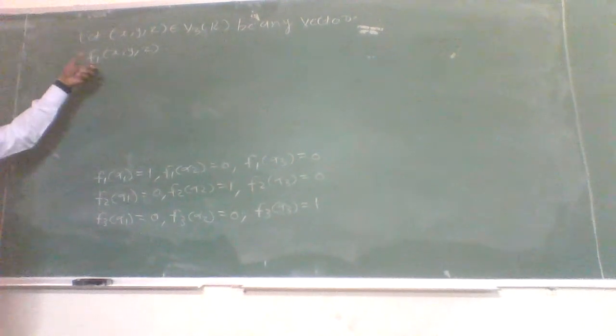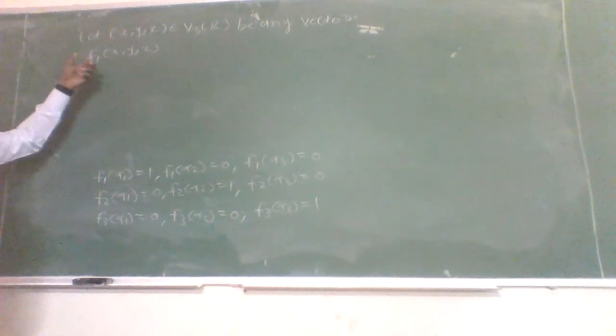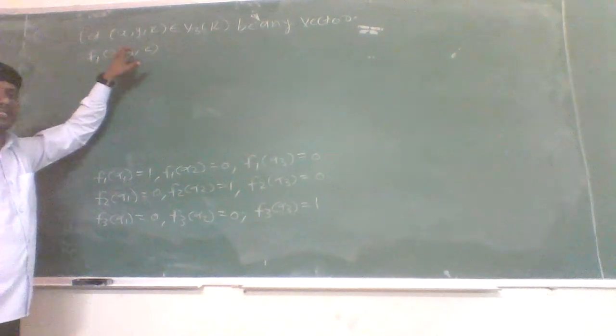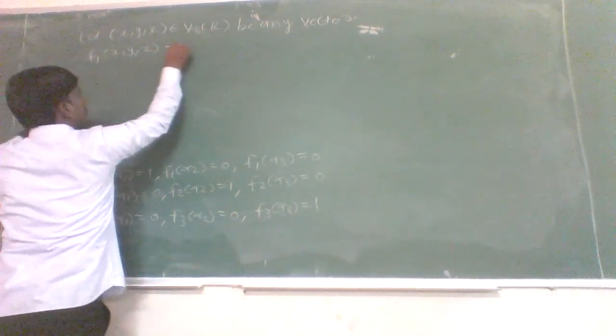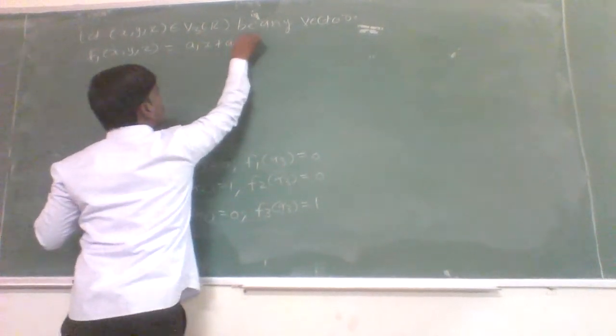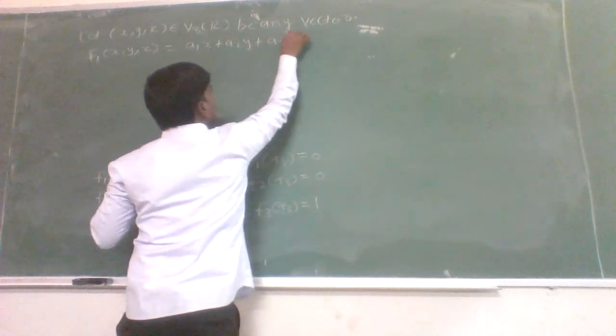As they are linear functionals, they hold the linearity property. Then the element (x, y, z) can be written as a linear combination: f1 of (x, y, z) is equal to a1x plus a2y plus a3z.